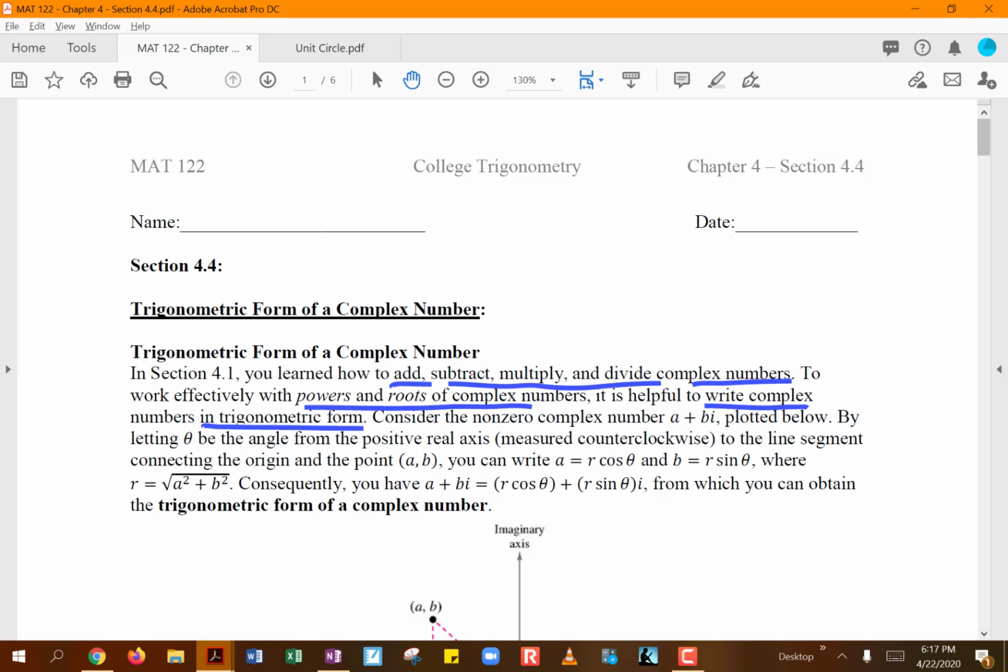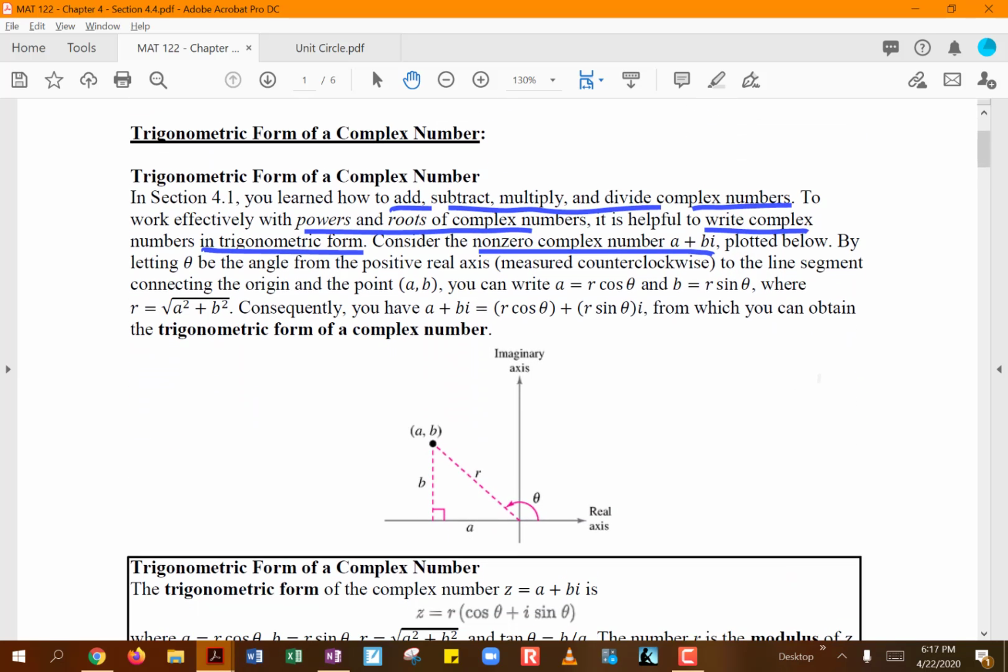So they are talking about, think of the non-zero complex number a plus bi, and they're showing you that being plotted as a point right here in the graph. They're saying let theta be the angle that starts at the positive real axis and goes counterclockwise till it gets to that line segment, which will be connecting the origin to the point (a, b).